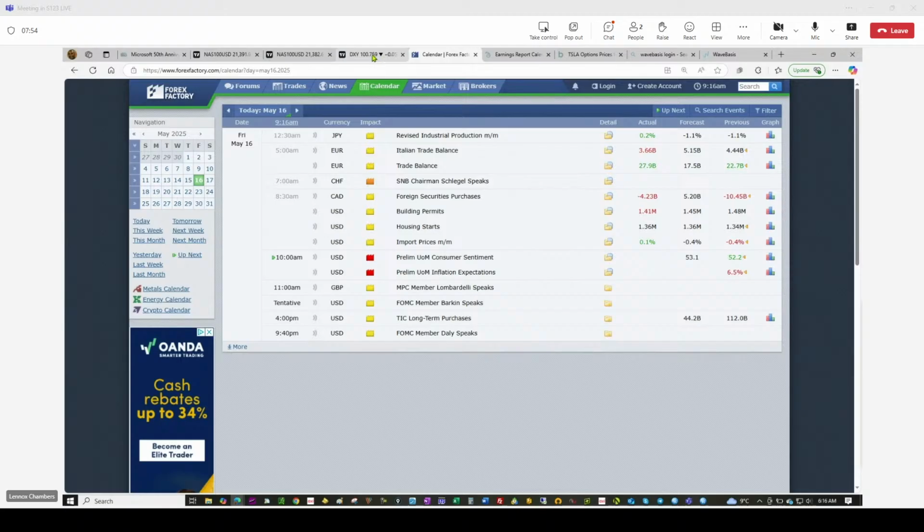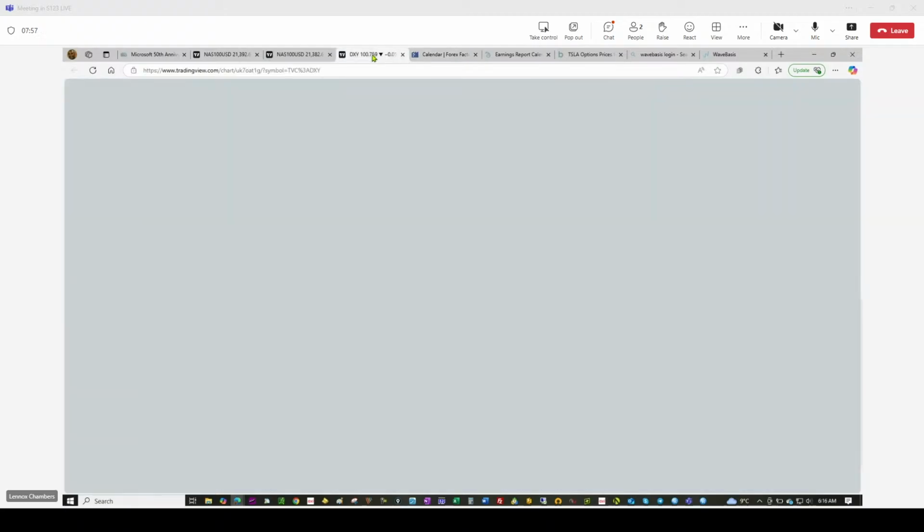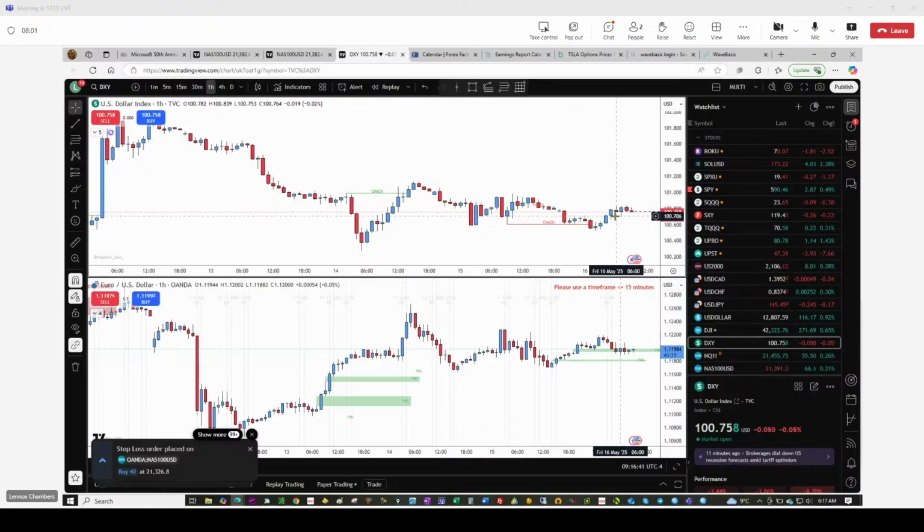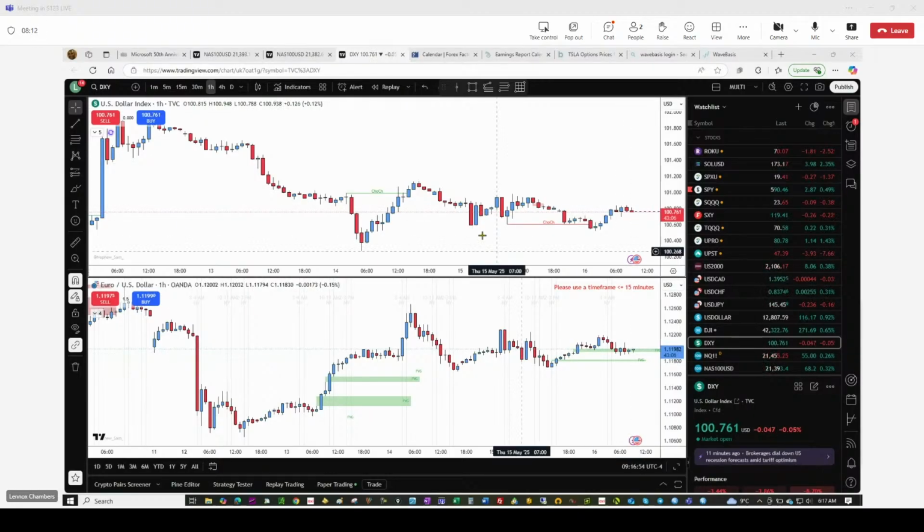All right, look at the US dollar. US dollar is a little bit on the neutral side. Not much going on, a little bit flat. This is the US dollar at the top.